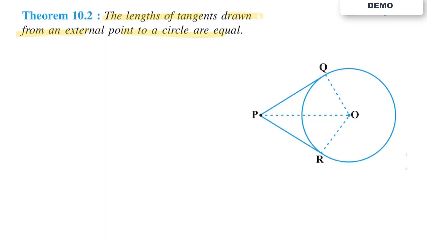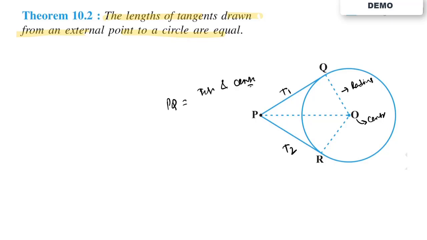So here there are two tangents, that is T1, T2, that is your center, that's your radius, and this PQ is your line joining the external point and center.